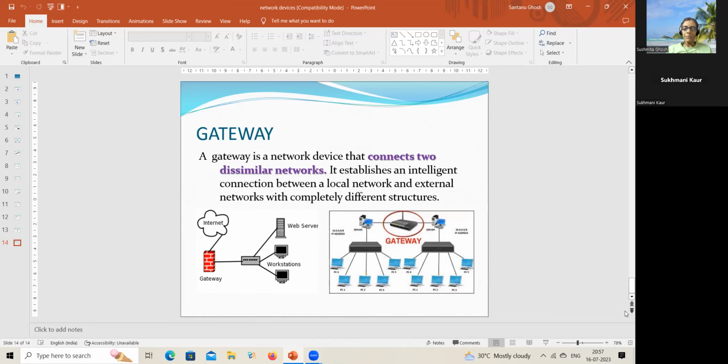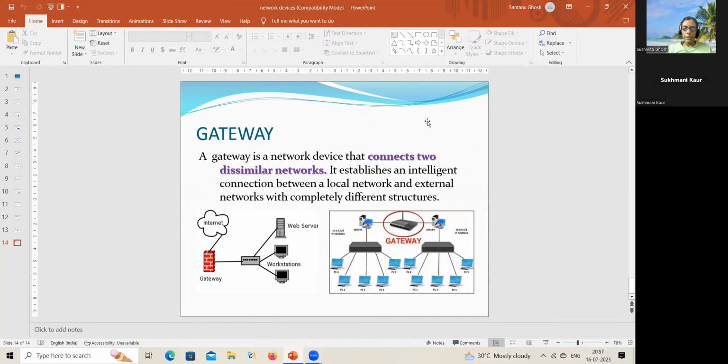They might give an MCQ saying that dash is the device connecting two different networks, or two similar networks, rather. My router can do that, but when it is two completely dissimilar networks, then my gateway comes into play.